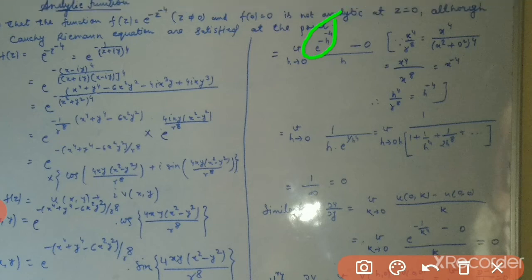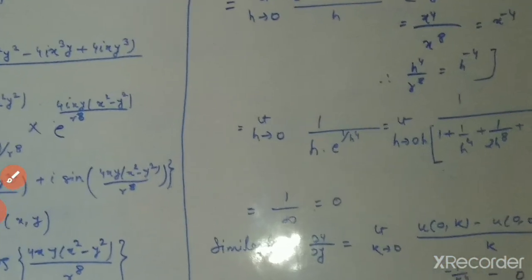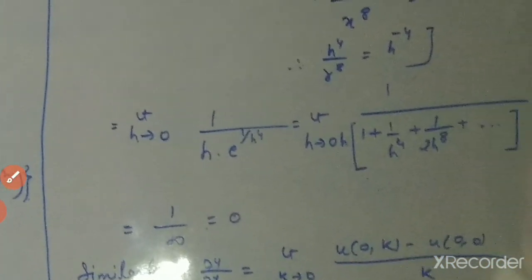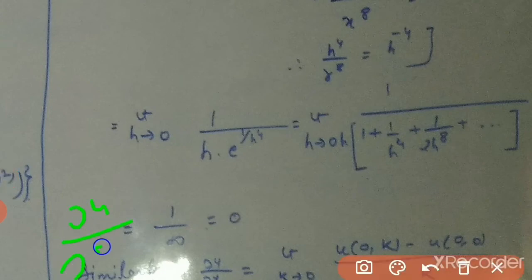And this will become limit h tends to 0 of 1 by h into e to the power minus 1 divided by h⁴, which becomes limit h tends to 0 of h into, now we expand e to the power x as 1 plus 1 by h⁴ plus 1 by 2 into h⁸ plus up to dot dot dot. And while putting the value h tends to 0, we are left with 1 by infinity, and this will give us 0. That means del u by del x equals 0. We have u_x equals 0.